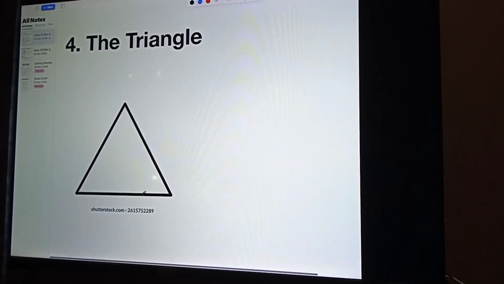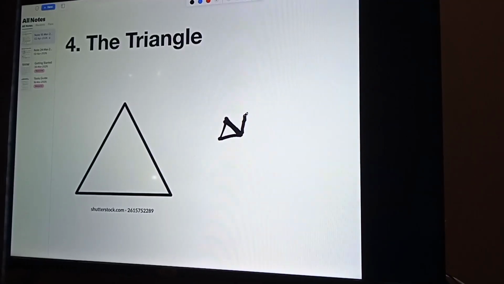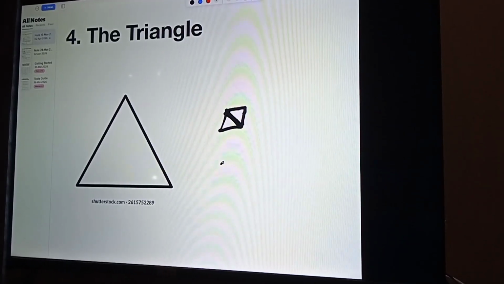You need to do the same. Like this is a rectangle, and you connect another rectangle, the same rectangle, to the other side. Now I'm connecting another rectangle to this. So this became a parallelogram now.